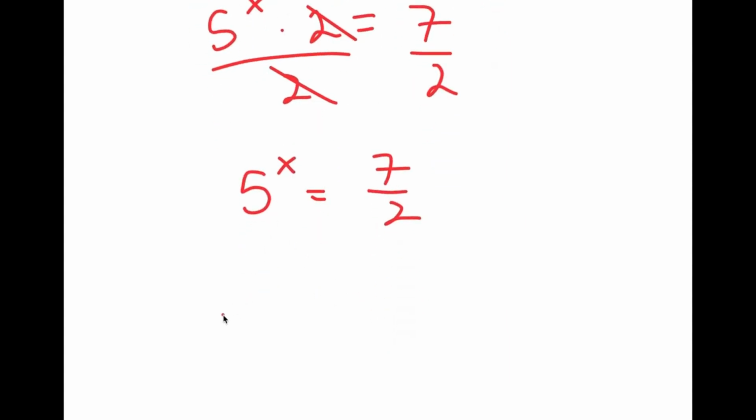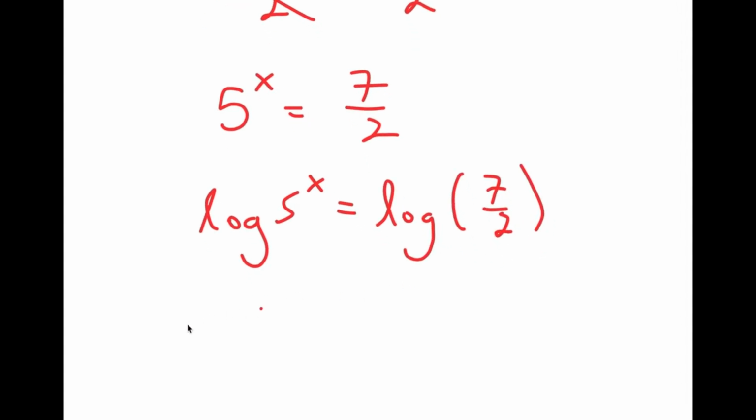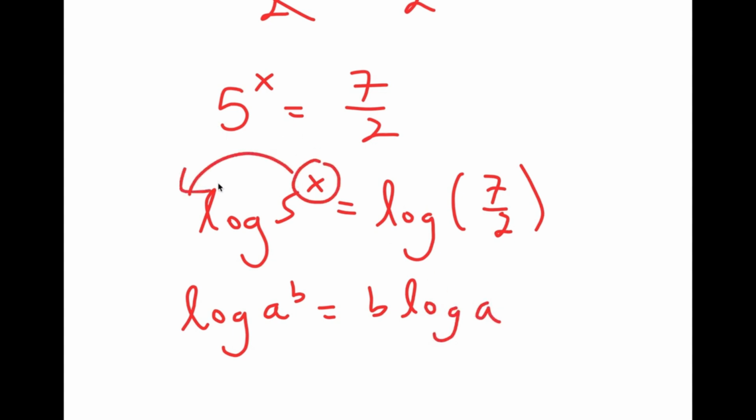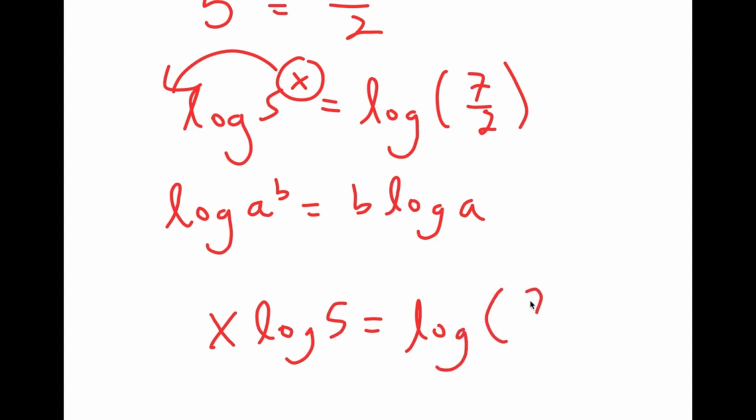Now I'm going to take the log on both sides, so I get log of 5 to the power of x is equal to log of 7 over 2. And if I have something in the form log a to the power of b, this is equal to b times log a. So in this case, I can move x to the front. So I get x times log 5 is equal to log of 7 over 2.